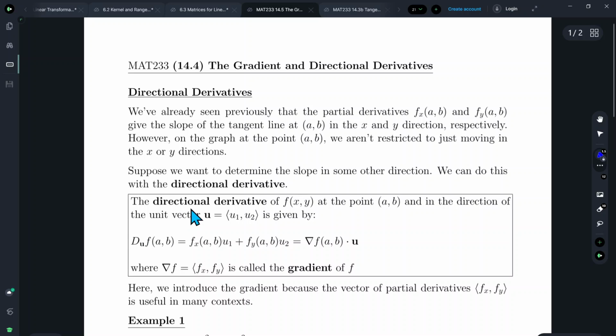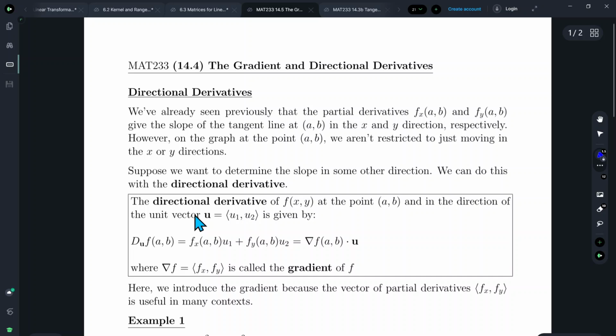So the formal definition is given here, where first you pick a specific point on your graph and the direction that you want to calculate the slope in.